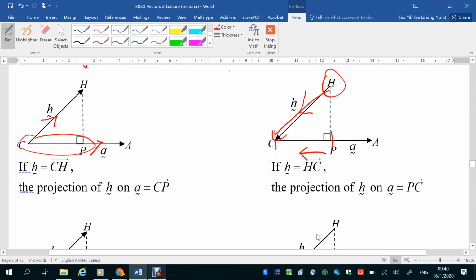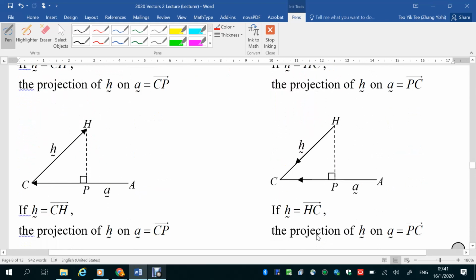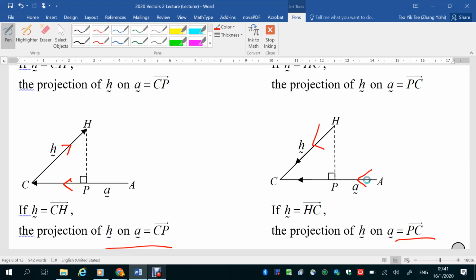Look at the two subsequent diagrams that I have for you. Can you accept the projected vectors CP and PC on your own? We play around with the direction: sometimes this direction is projected onto that direction, sometimes the other way round. But the rule to remember is always remember the upstairs.